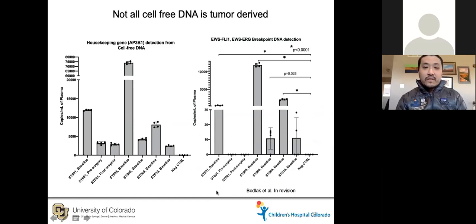But you will notice that in these second and third columns, there's 0 EWS-FLI1 or ERG detected for this patient, while housekeeping gene is still detected. So it's interesting that not everything is tumor derived, obviously, but it seems like with more tumor, there is more cell-free DNA floating around, which perhaps makes sense from a cell invasion and inflammatory standpoint.